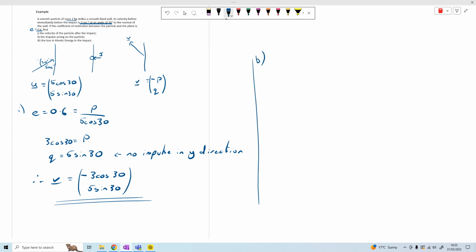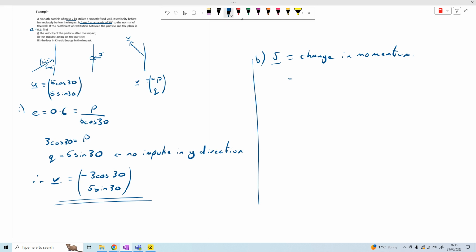Okay, so now for part B, I want the impulse. So straight away, impulse J is my change in momentum. Now let's remember, we have to take a certain direction as positive for an impulse, but it doesn't matter which way I take it as positive. What's nice about vectors is that they're already in terms of a direction.